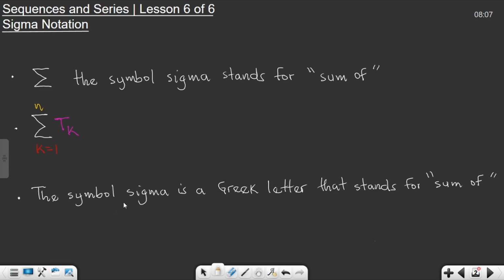The symbol is a Greek letter that stands for sum of, and let's say you have it given like this with letters around. In front of the symbol is the general term, and at the bottom what is written in red color is the value to substitute in the general term in order to get your first term.